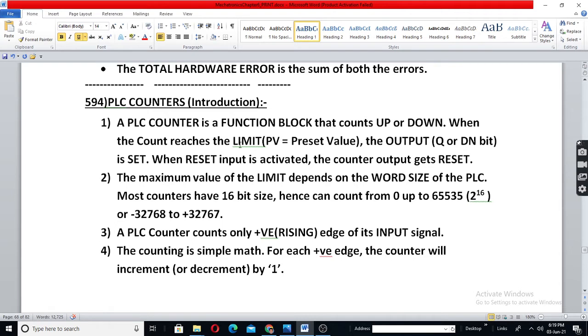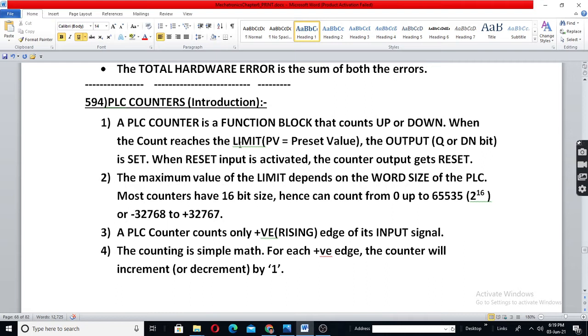Timers count time according to the real clock. The real clock is obtained by mathematical calculation from the system clock. A PLC will have a clock in megahertz.